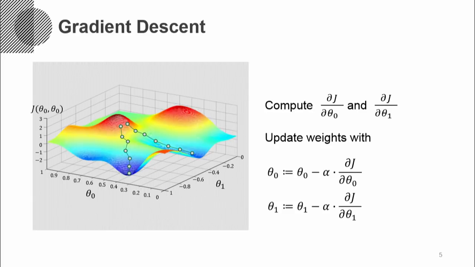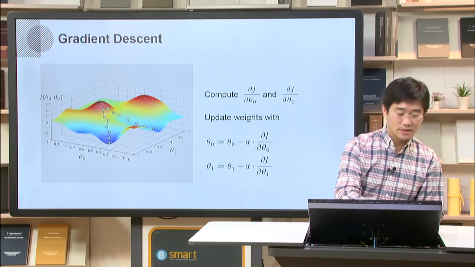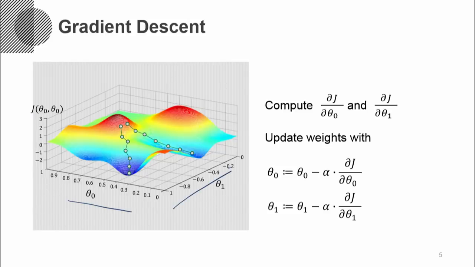And in case we have many parameters or many input variables, in this case we have two input variables, theta 0 and theta 1, and then consider some function that has some particular value given theta 0 and theta 1. And then we can do the partial derivative, and given these computed partial derivatives, we can update each individual coordinate based on this gradient descent idea.